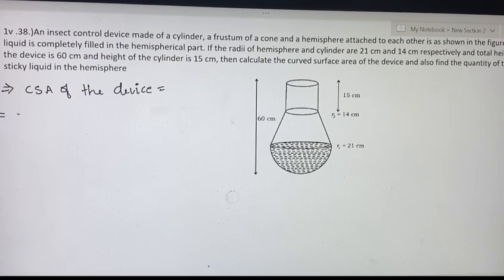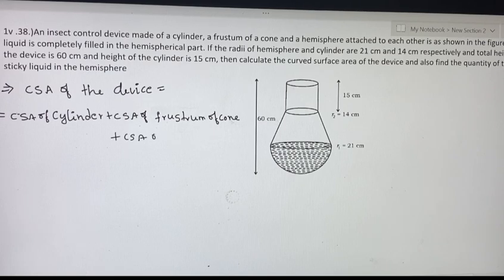That is CSA of cylinder plus CSA of frustum of cone plus CSA of hemisphere.